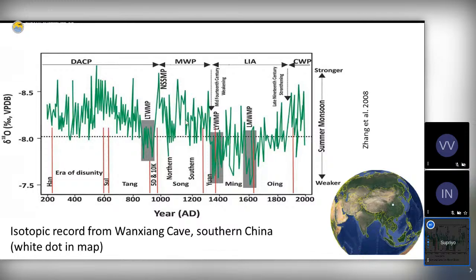For example, it is known that the medieval warm period experienced higher rainfall compared to the period known as the Little Ice Age. During this time, rainfall was much lower, and rainfall events increase the isotopic values, which is reflected in this plot very nicely.